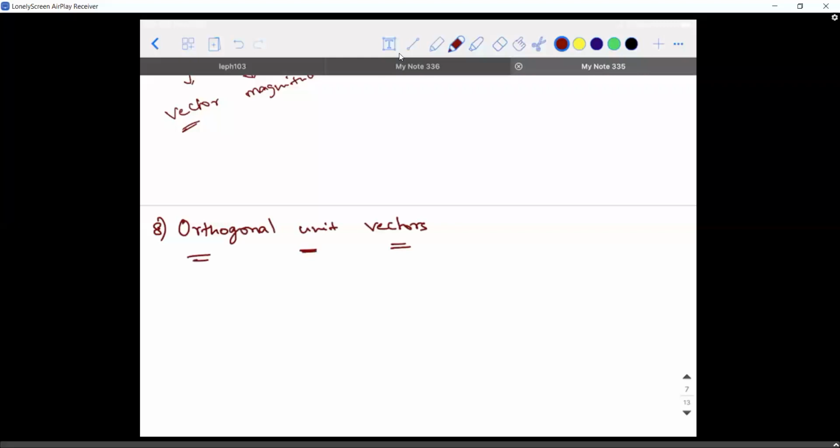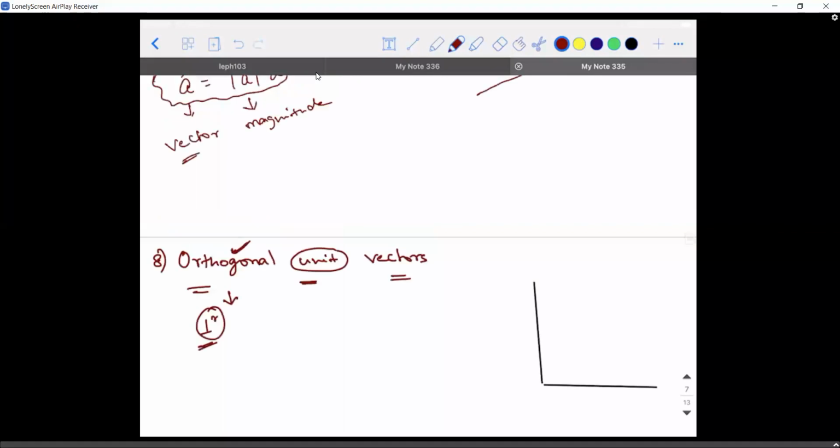Orthogonal generally means perpendicular. So what do we mean by orthogonal unit vectors? We are talking about vectors which are perpendicular to each other, along with the condition that they should satisfy being unit vectors as well.